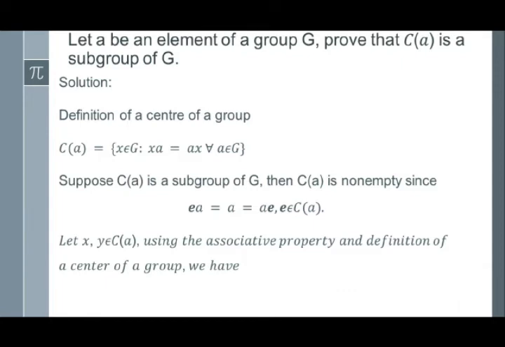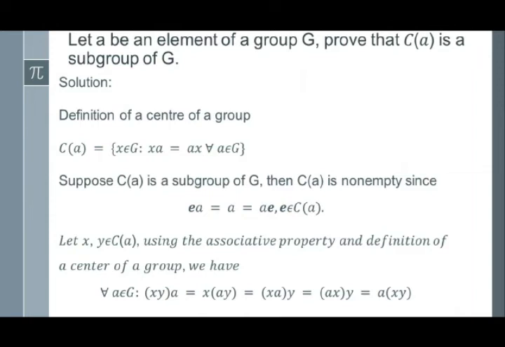So we have, for all a that is an element of G, such that (xy)a is equal to x(ya), is equal to (xa)y, is equal to (ax)y, equals a(xy).